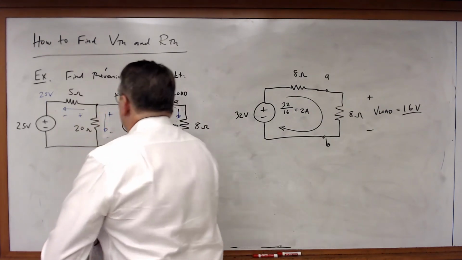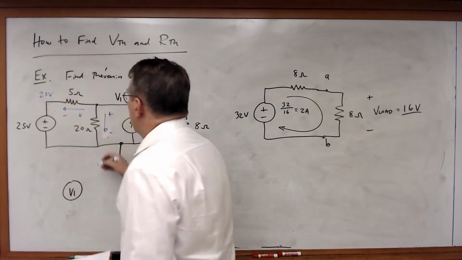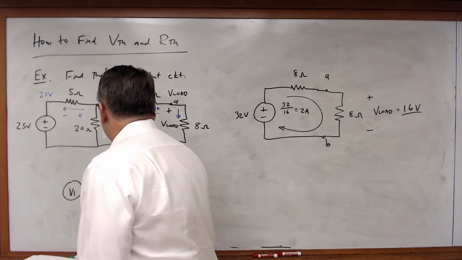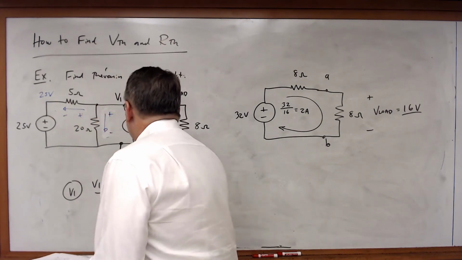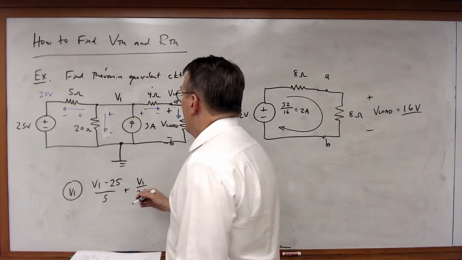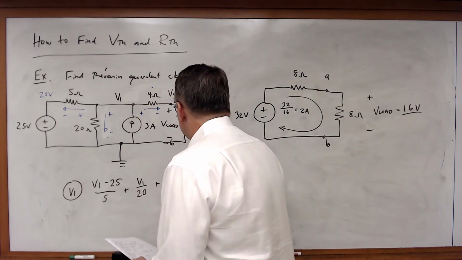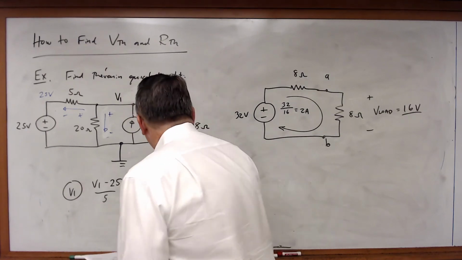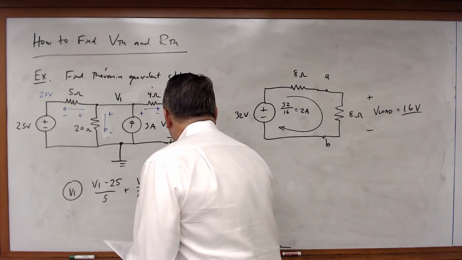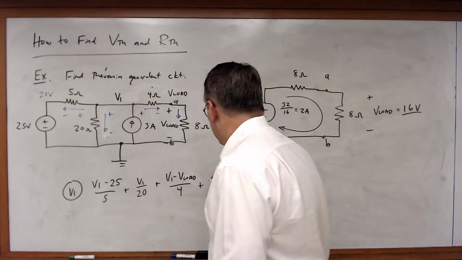For my V1 node, I've got V1 minus 25 over 5 going out, plus V1 over 20 going out, plus V1 minus V load over 4 going out, must be equal to 3 amps going in.